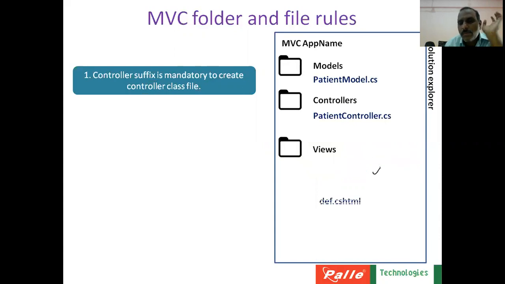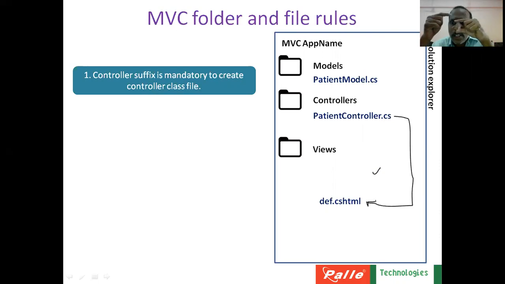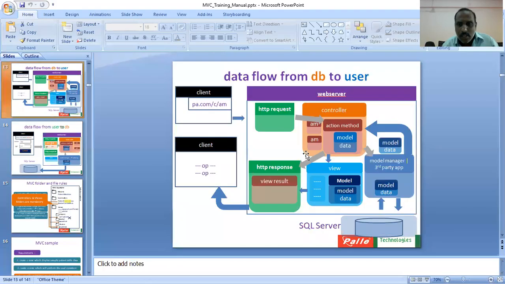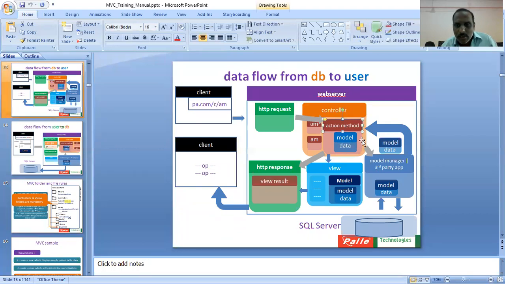Now let us try to understand one more important rule. This rule you must understand very carefully. The rule here is, for some reason I want to send data from the controller to the view. We already understood that the controller will usually send the data to the view. While explaining the previous diagram, I told you that usually your controller's action method is responsible for sending the data to the view.